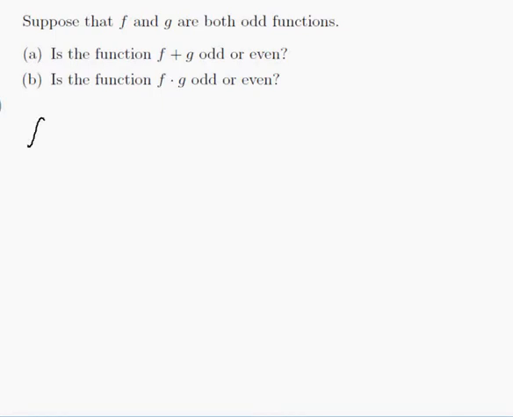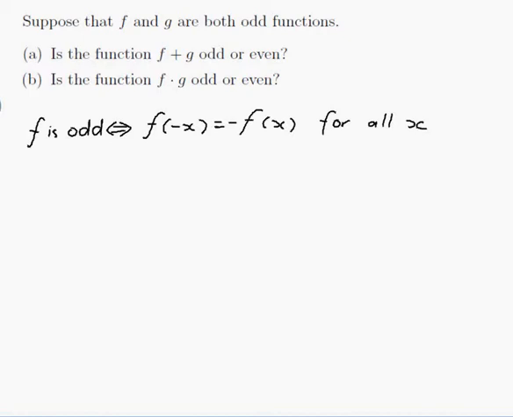So f is odd means, or implies, or I guess if and only if, because it's the definition of odd, f of minus x is equal to minus f of x for all x, or at least for all x that f is defined for, I suppose.